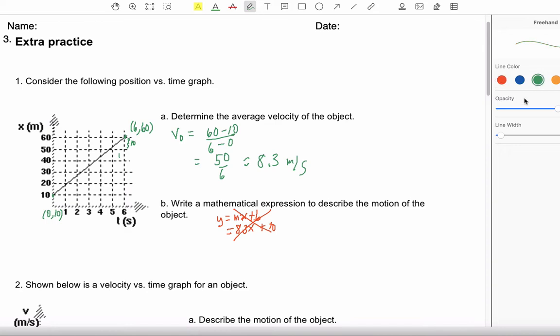We want to be really clear that we're talking about a real physical object. So its position is given by the velocity times the time plus the y-intercept, which is where it started. And for us, that's going to be x equals 8.3 times t plus the initial position of 10.